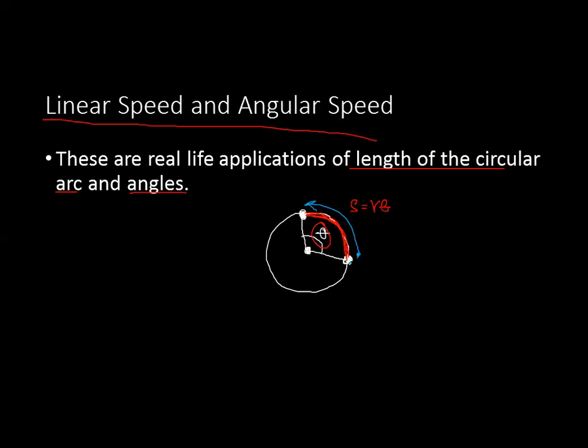Let's just say the way you reach from here up to there is the same as the average speed of a regular car. Do you understand? You form an angle from start to finish. Now, how fast did it form? Especially the distance, how fast you come from here up to there. So that's where linear speed and angular speed come in.